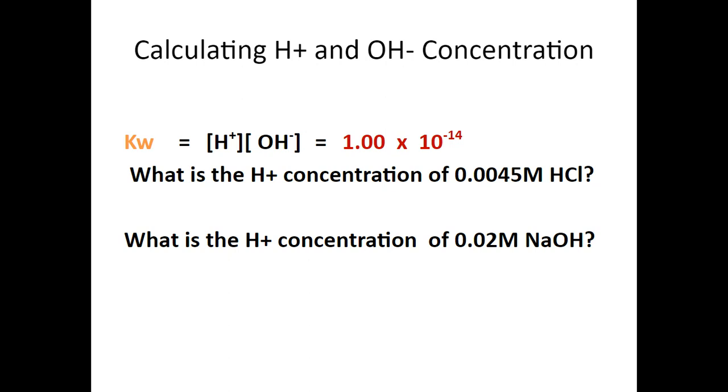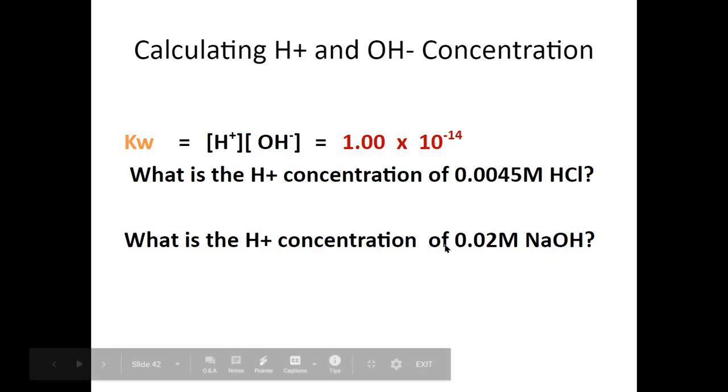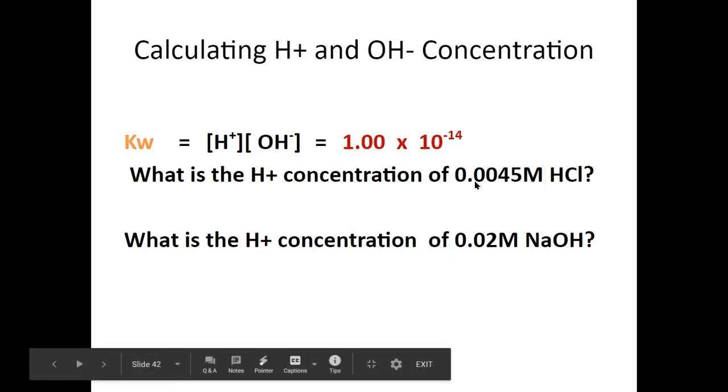So I have this relationship here of Kw equals your concentration of hydrogen ions times hydroxide ions equals 1.00 times 10 to the negative 14th. So I have a couple of these problems in your notes section there that you need to calculate. So you do need your calculator that has a log function to do this. Now, if you see hydrogen ion concentration as something that's an acid, like hydrochloric acid, this is the hydrogen ion concentration, right?